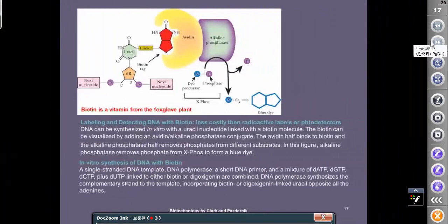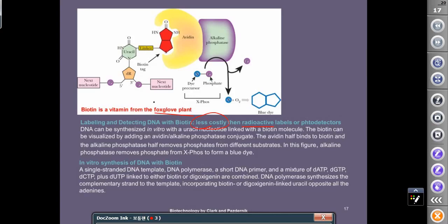And the third one, the last one here, is through using biotin. Biotin is actually a very cheap method. It's less costly than radioactive or other methods. Biotin is a vitamin from a foxglove plant.